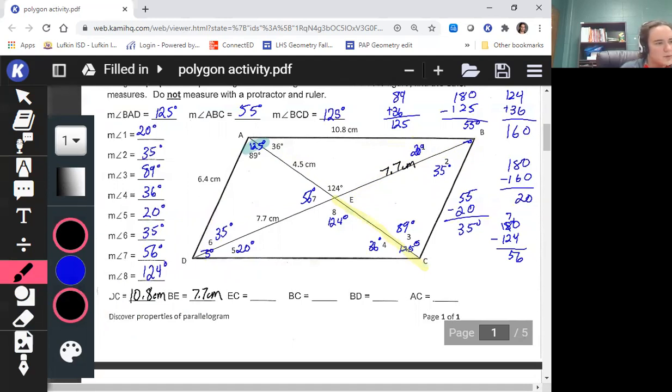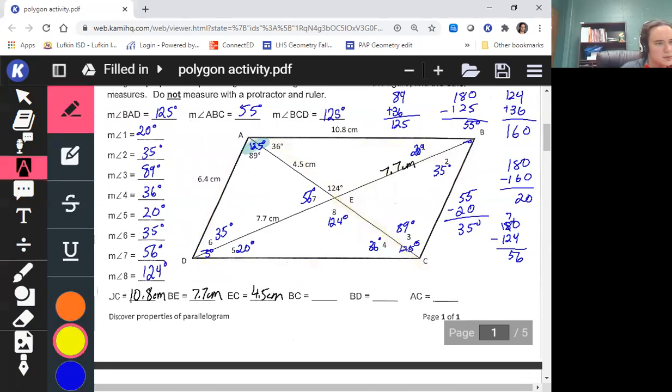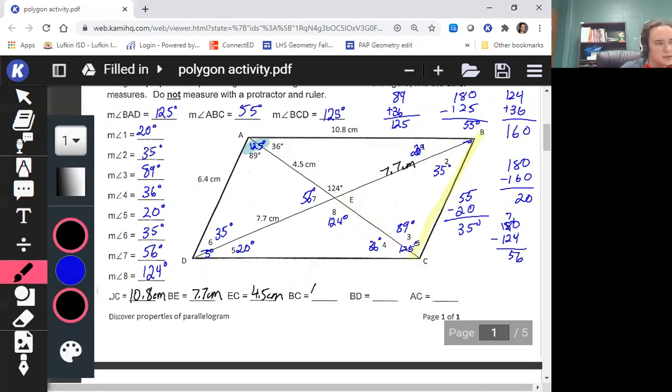And then I'm looking for BC. B is up here at the corner. So we're going B down to C, which is parallel and congruent with AD, which is 6.4 centimeters.